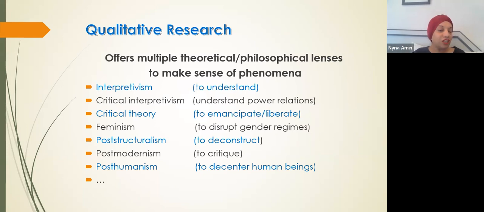Then there's post-structuralism, which is a way to research and break things down to see how they actually do the opposite of what is intended. So deconstruction will often reveal some kinds of ironies, paradoxes, contradictions, and so on. And it's very important.